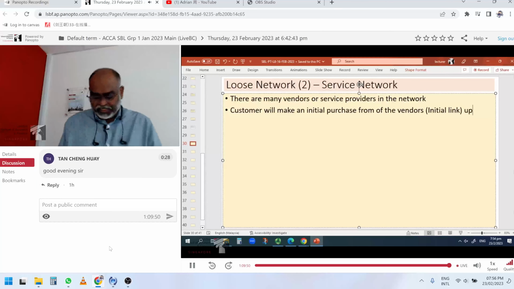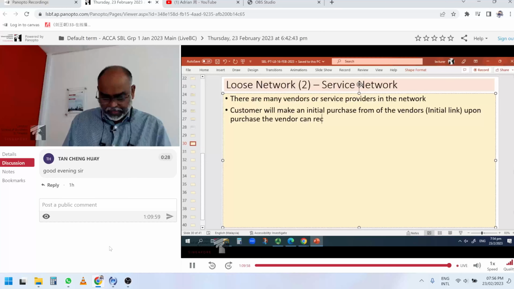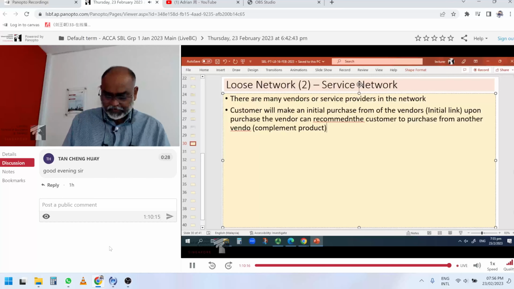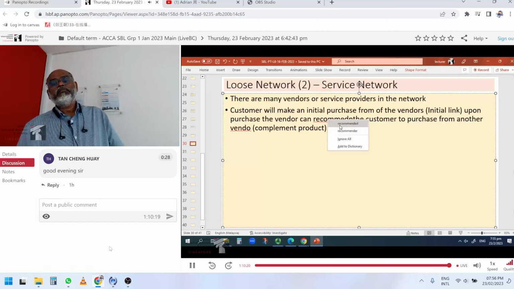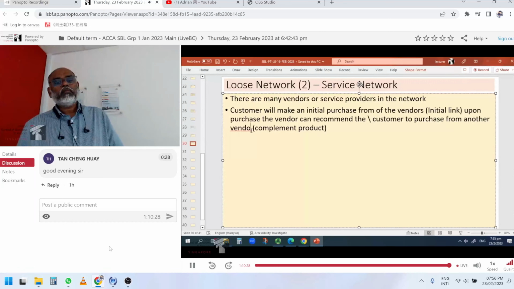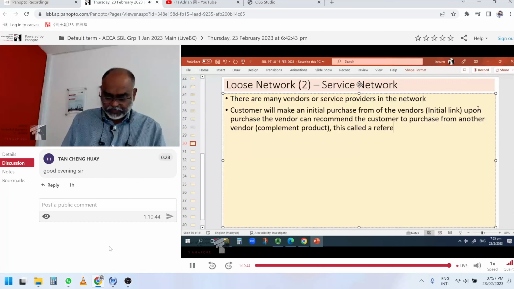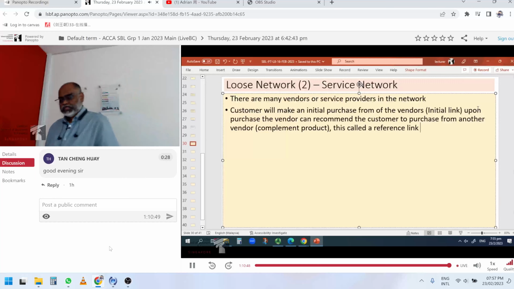Upon purchase, the vendor can recommend the customer to purchase from another vendor, perhaps a complement product. Okay, this is called a reference link.